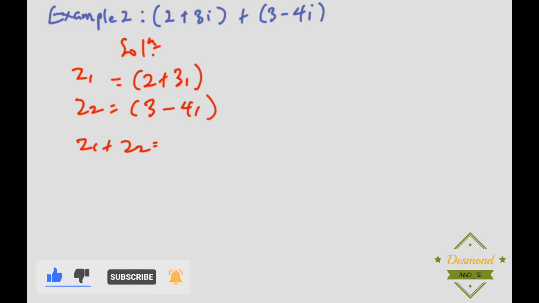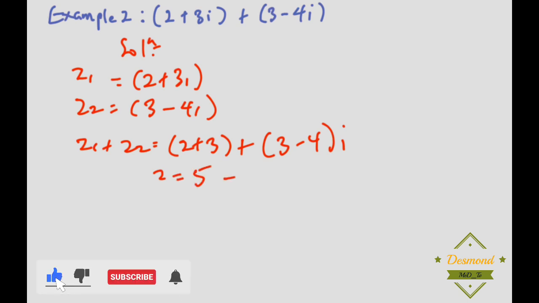So with the real part, we have 2 plus 3, plus 3 minus 4i. And when you add this, we should get 5 minus i, and this will be our answer for example 2.